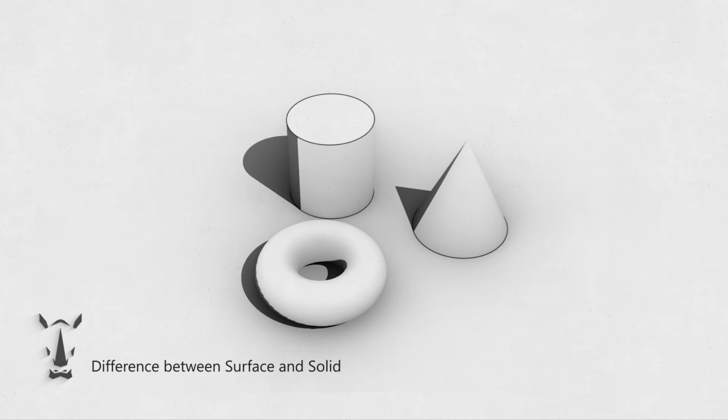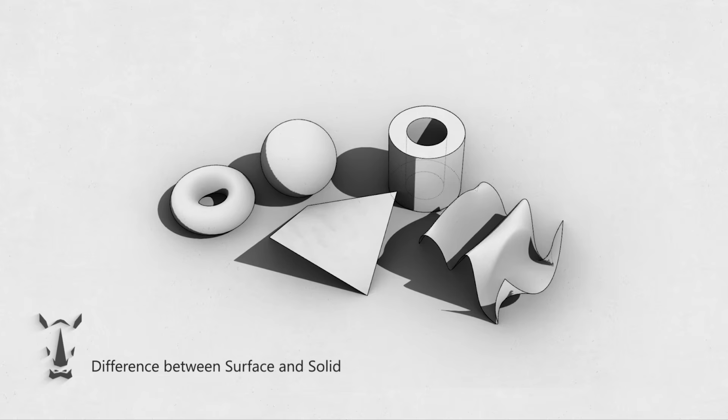This kind of geometry is super important for things like 3D printing, calculating volume, or doing Boolean operations like union, subtract, intersect. You get it? Because the software needs to know it's a fully closed object to do those volume calculations. Every solid is made of surfaces, but not every surface is a solid.